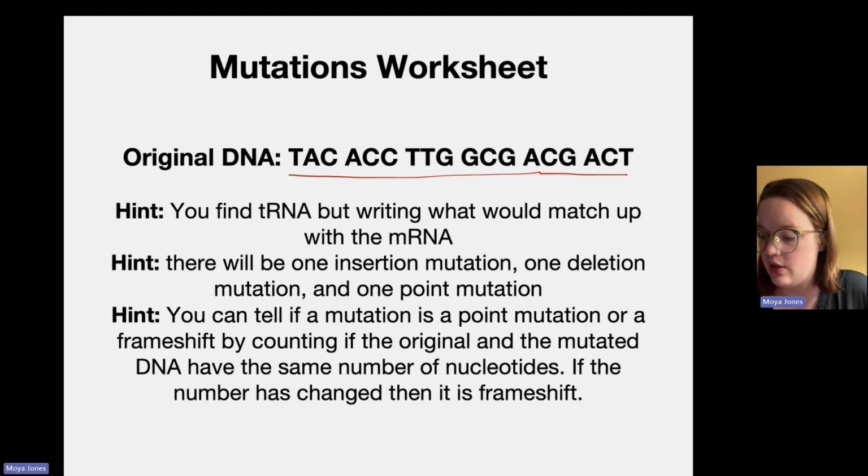So if the mutated sequence also has 18 bases, then you know it's a point mutation. If the mutated sequence has 19 bases, you know that it's an insertion mutation because you added a base. If the mutated sequence of DNA has 17 bases, then you know it's a deletion mutation.